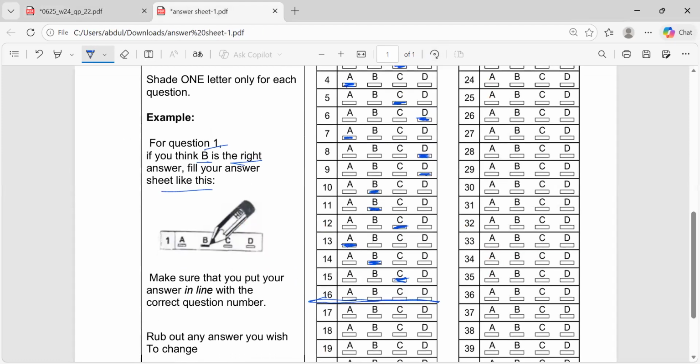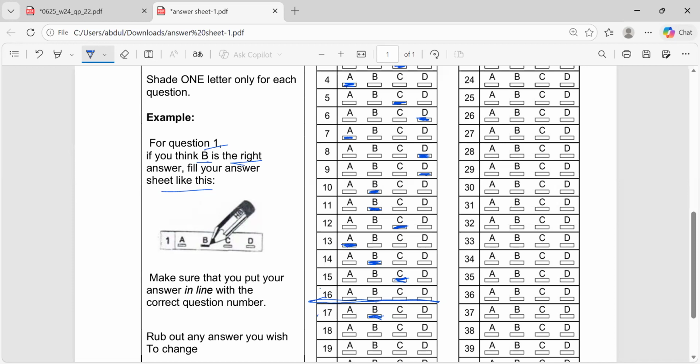Now see, what is the benefit? If you leave this 16 without a line, because of the pressure of the exam, you may be feeling panic. So you can write the answer of 17 on 16. So wherever, my dear friends, you think that you are unable to sort out the answer correctly, do the same thing. Put a line on that given option so that the overlapping of answers is eliminated.